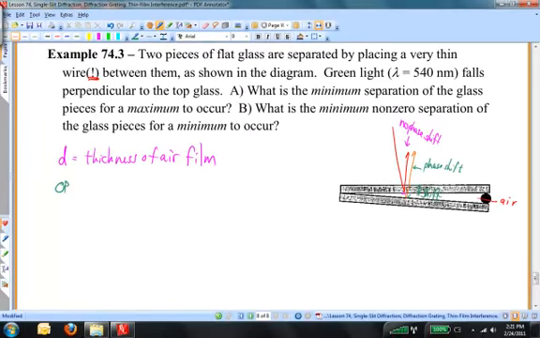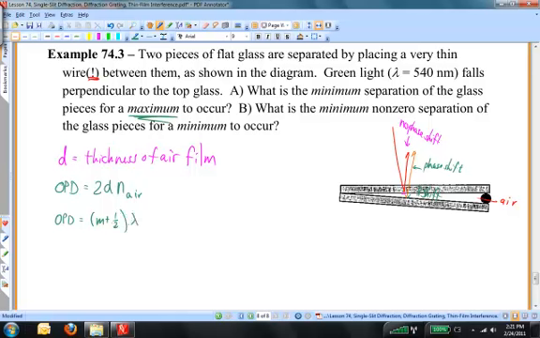Now the optical path difference is going to be equal to 2 times the thickness of the film, D, that's what we're looking for, times the index of refraction, in this case of air, because air is what's making up the film. And if I want constructive interference, in other words, I want a maximum to occur, then what I want is that the optical path difference is equal to m plus a half times lambda.